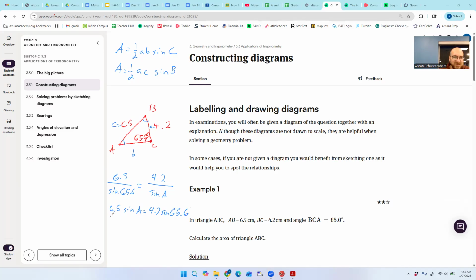I shall divide both sides by 6.5. And then I'll take the inverse sine. So inverse sine 65.6 over 6.5.